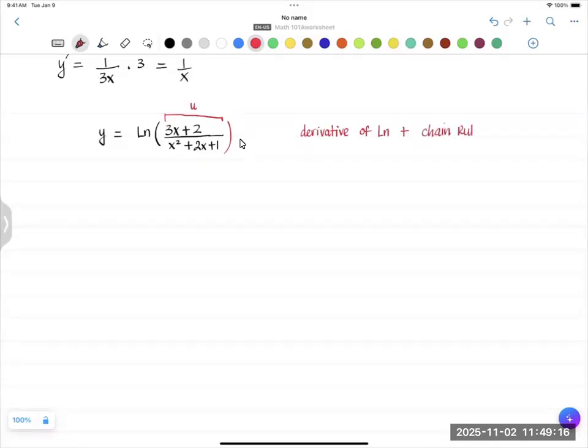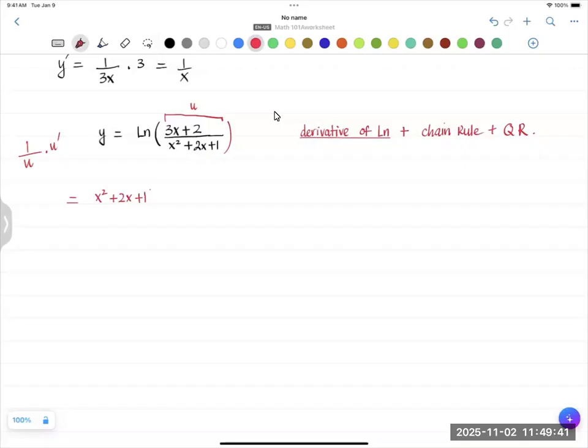First, you take the derivative of ln, which is 1 over u. Remember, I showed you in class that when you have 1 over a fraction, it's just the reciprocal, so you can flip it. So 1 over u times u prime, where 1 over u will be the reciprocal of that fraction.